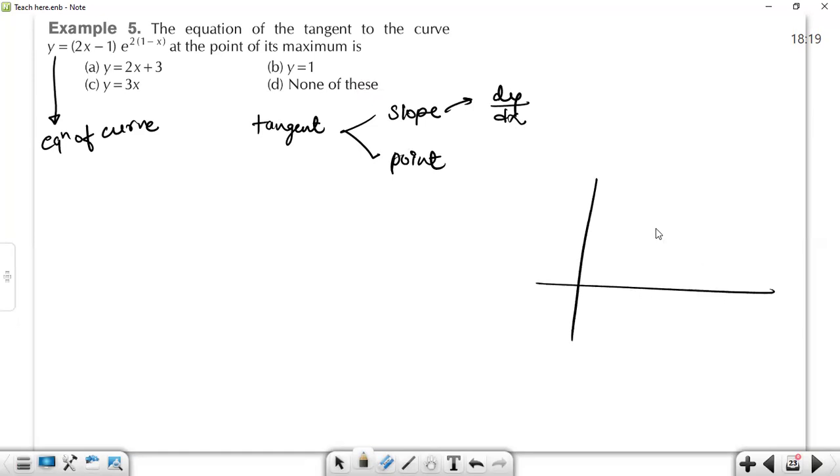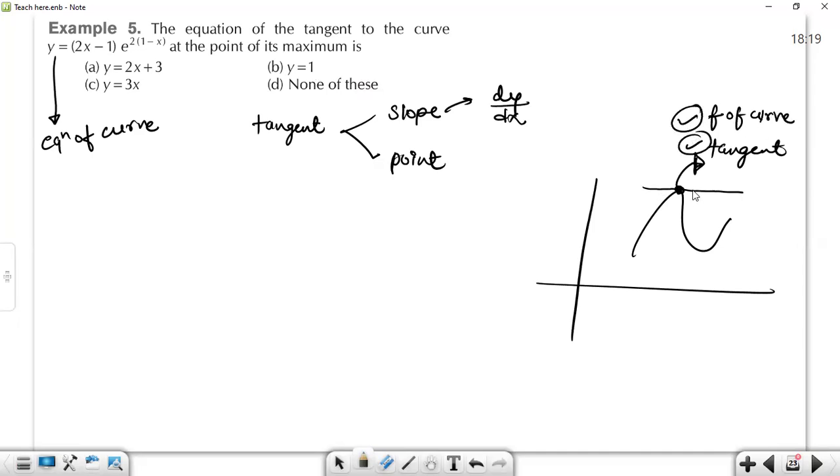So let's say that this is the curve of the function, and we are discussing the maximum point. We are drawing a tangent at its maximum. So this particular point would lie on both the tangent and the function of the curve.